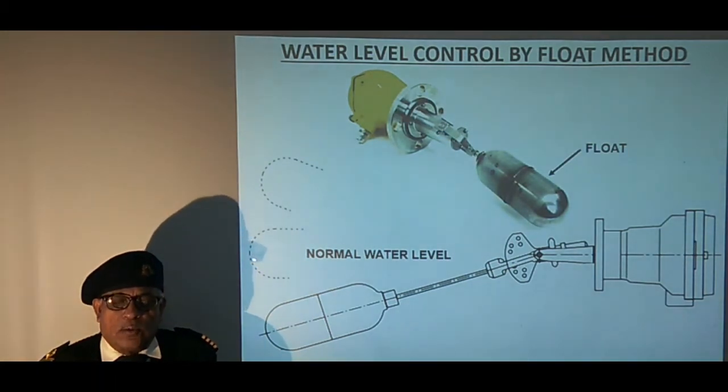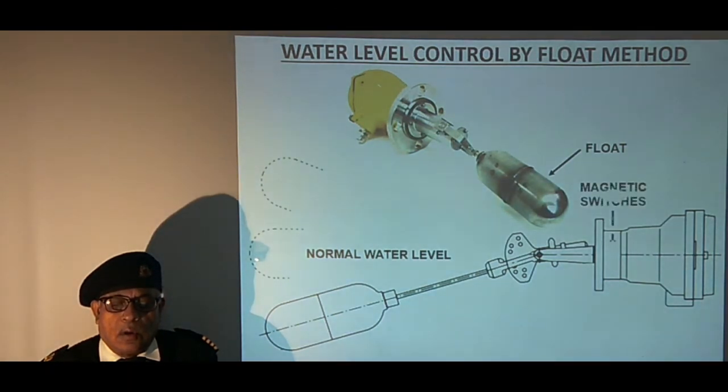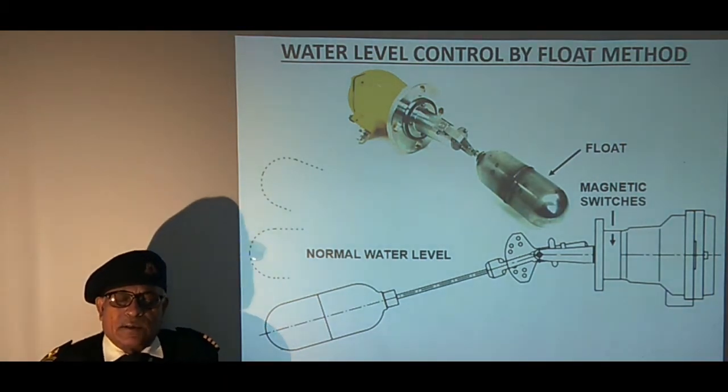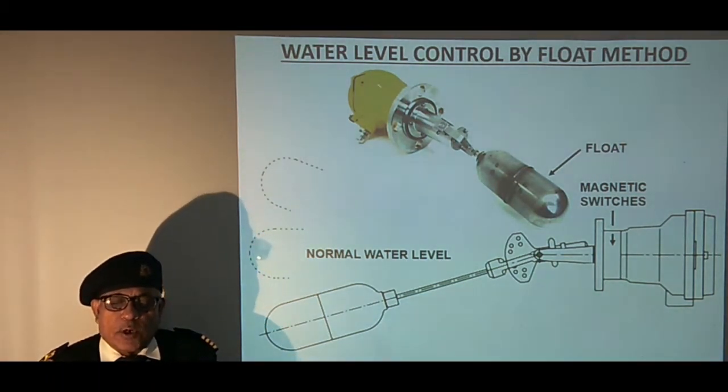The float follows the movement of the water and its stem operates the switches magnetically, which are arranged in the outer case attached to the float housing. There are two magnetic switches, protected from contact with water, for the control of the electric motor driven centrifugal pump.